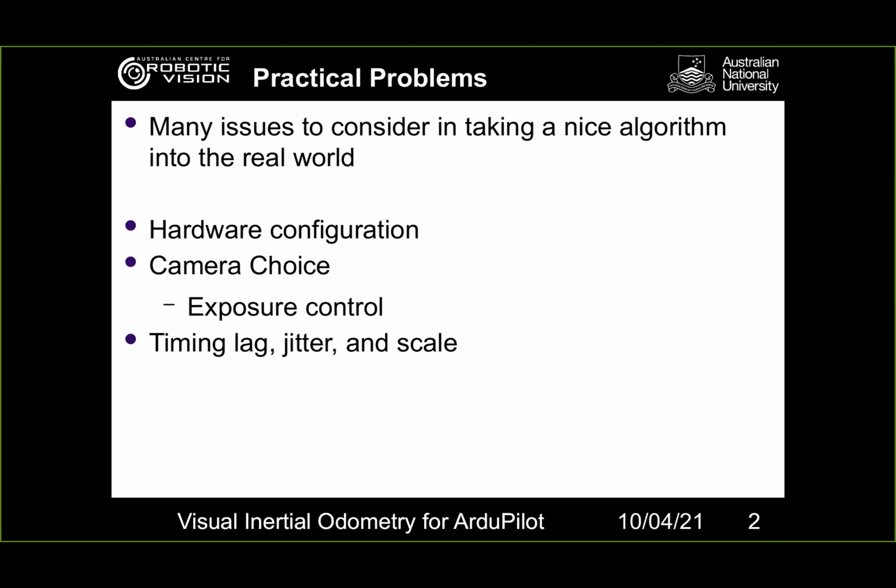So questions around, okay, the board that you're using to do your ArduPilot stuff probably isn't strong enough to run VIO. You might want to have a companion computer. Then you, of course, need a camera to be able to do anything visual. And what camera should you use? What properties should it have?